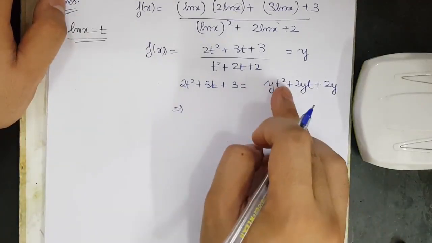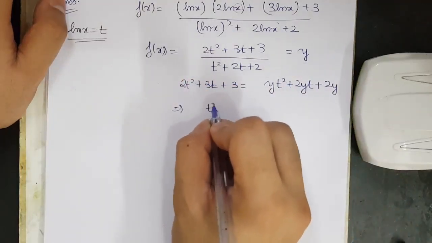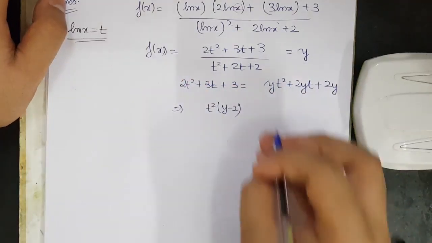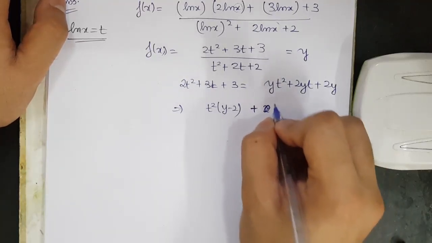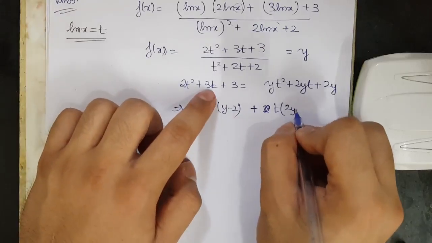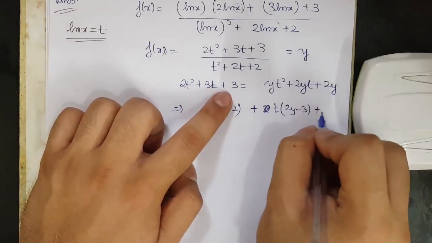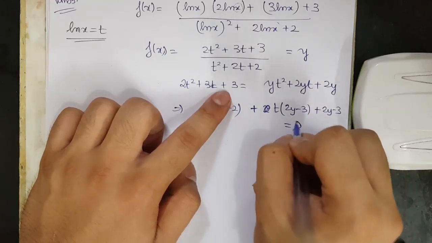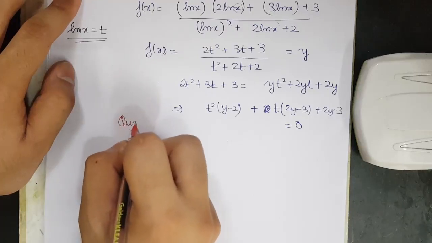So we take these things here, so we get t square into y minus 2. We are trying to form a quadratic here, plus 2, let me say t is outside, we get 2y minus 3. These two things are taken, and finally from here we get 2y minus 3 is equal to 0. Now we have formed a quadratic in t.